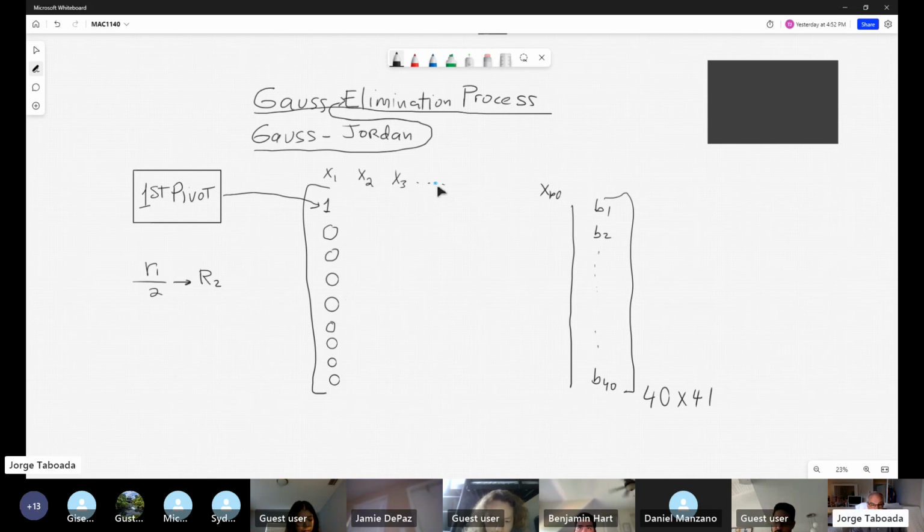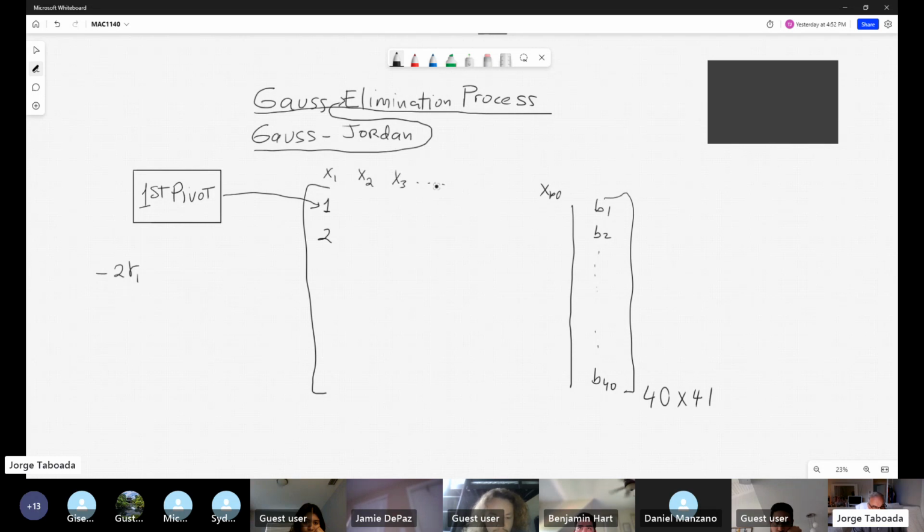Now, how do you do this? Suppose in the first column we have 2, just as an example, or 40 or -2, whatever. You apply a row operation. Look, you take the row that contains the pivot, which is row 1. You multiply by the magic factor, which is -2.